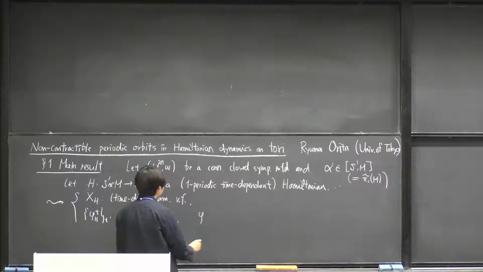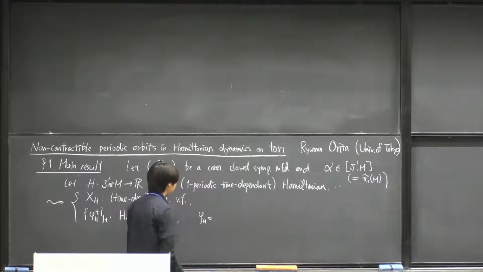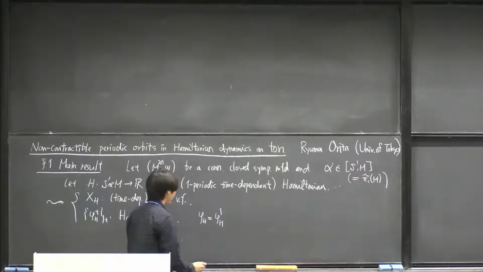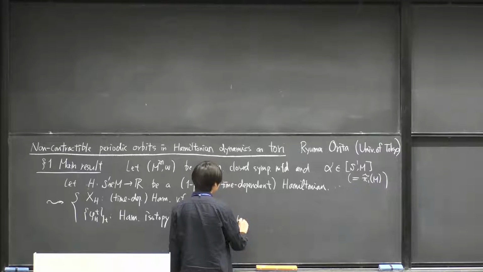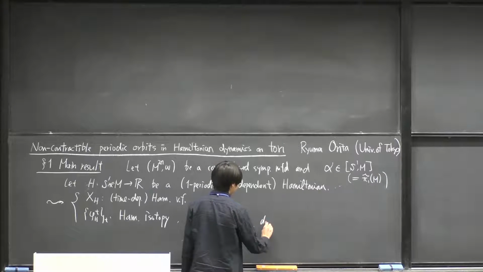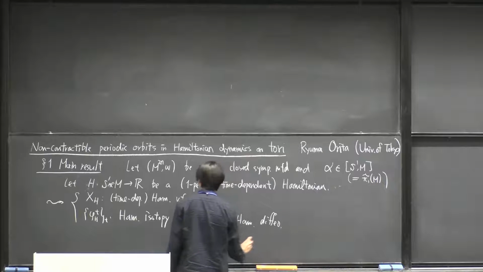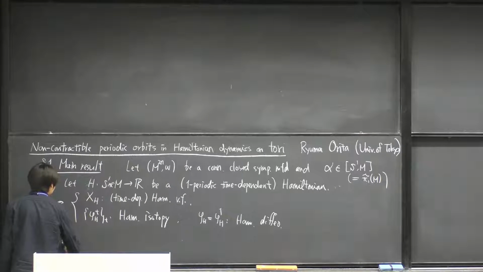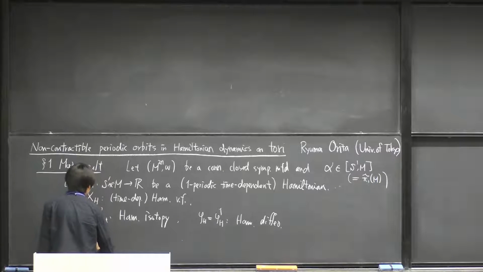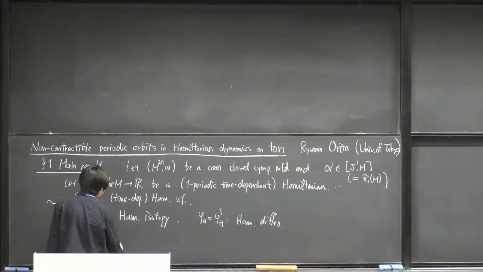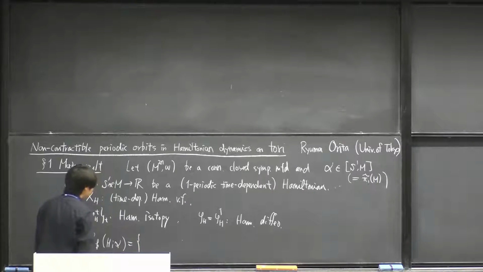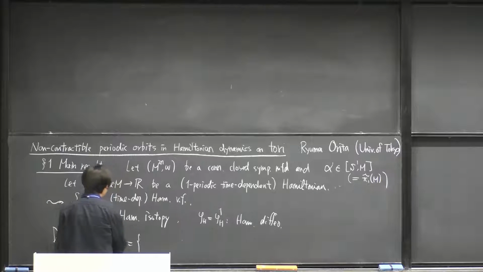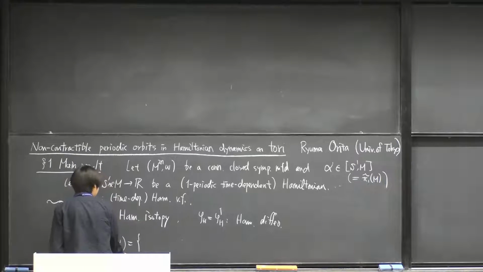If I write phi_H, this stands for the time-one map of this Hamiltonian isotopy and is called a Hamiltonian diffeomorphism. And define the set of k-periodic orbits of H representing alpha by this notation.